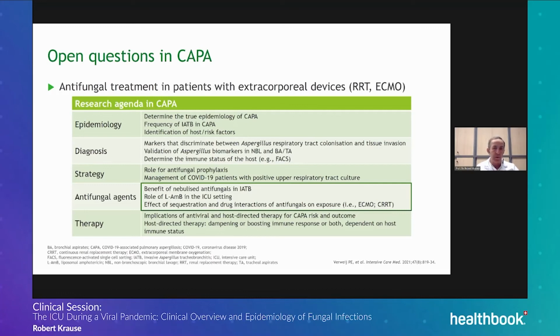The role of liposomal amphotericin B in the ICU setting needs to be further elucidated, of course, and we need to address the point that some of the patients are treated with extracorporeal treatments, either ECMO or renal replacement therapy or both, because we do not know in a large group of patients what antifungal levels are in this patient group. So we have to do more research on this topic. And with that, I would like to thank you and happy to take questions.